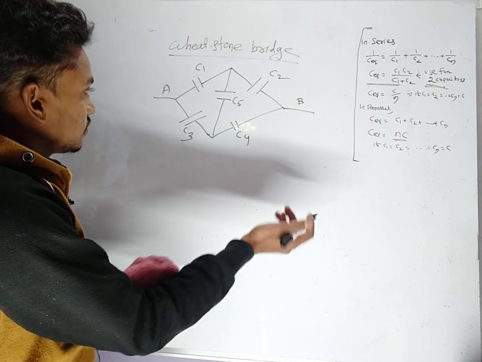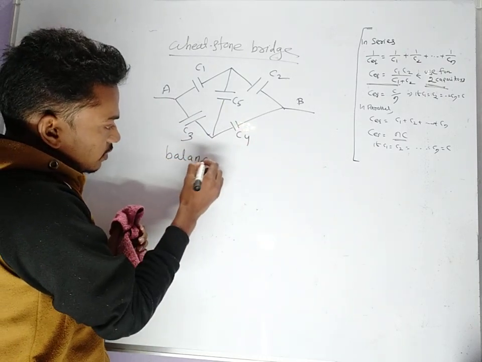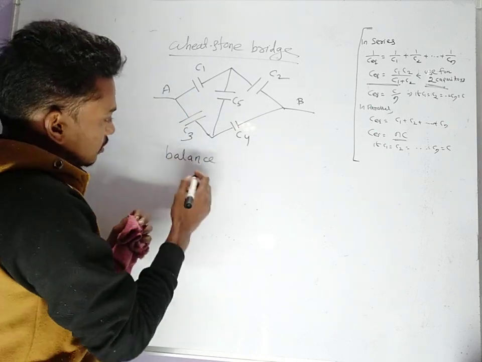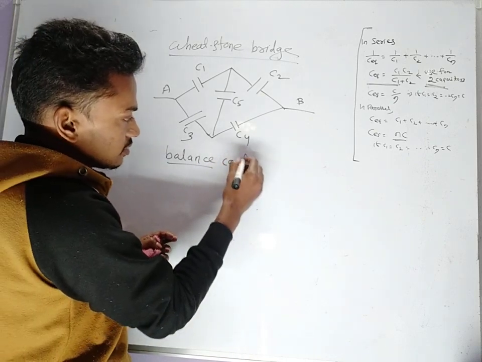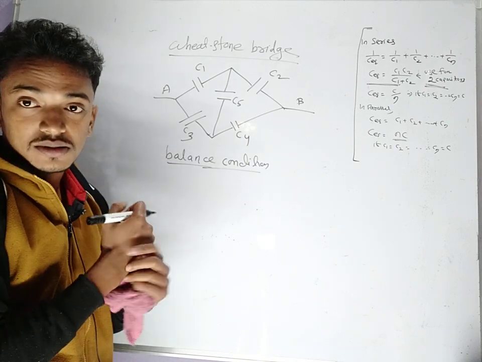Okay, so I am simply saying only some important points regarding the Wheatstone bridge. I am not going to prove any balance conditions. So the question is, what is the balance condition of the Wheatstone bridge?